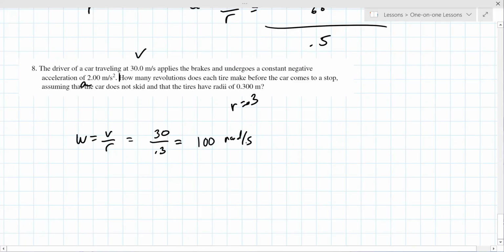I think that's correct. Okay, and then alpha is equal to A over R. Alpha is 2 over 0.3. So that one does not work out very nicely. It's 20 over 3 radians per second squared, and it's negative because it says negative there. Weirdly enough, when I divide by 0.3, I get 6.666 or whatever.